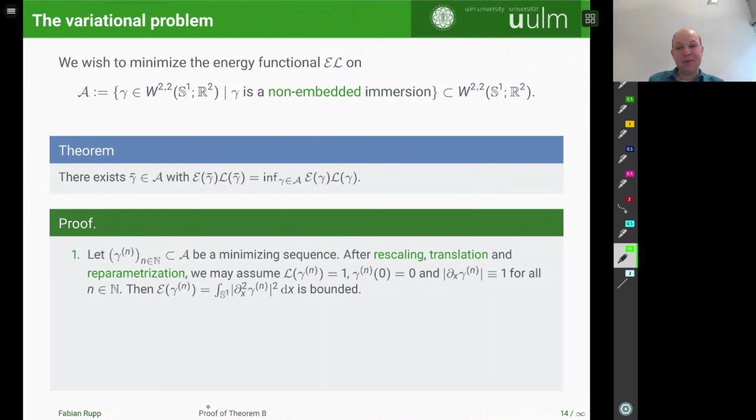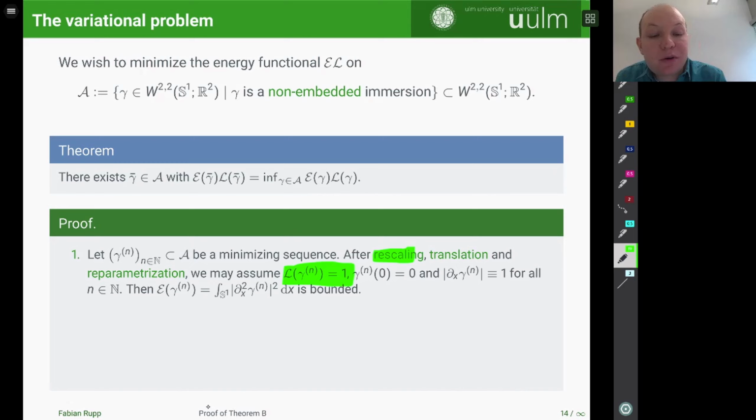So the first step for the direct method of calculus of variations is that we take a minimizing sequence, gamma n, in the admissible set A, and now due to the invariance of the energy, we can assume after rescaling that the length of these curves gamma n is 1 for all n, just by dividing by its length.